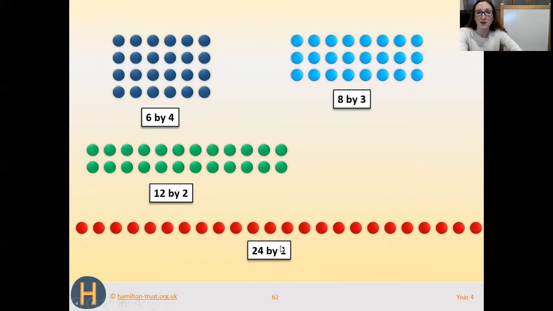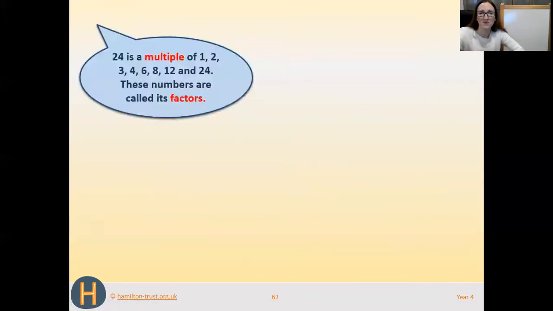So we can see here that 1, 2, 3, 4, 6, 8, 12, and 24 are all factors of 24. And 24 is therefore a multiple of all of those factors. So 24 is a multiple of 1, 2, 3, 4, 6, 8, 12, and 24.